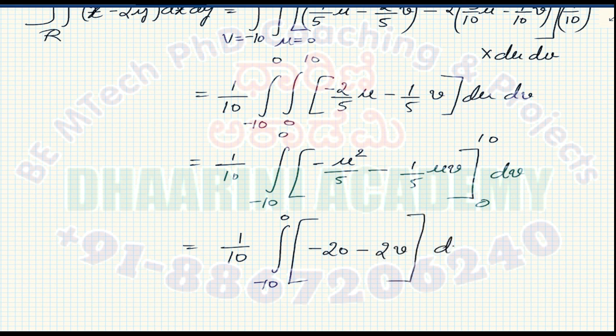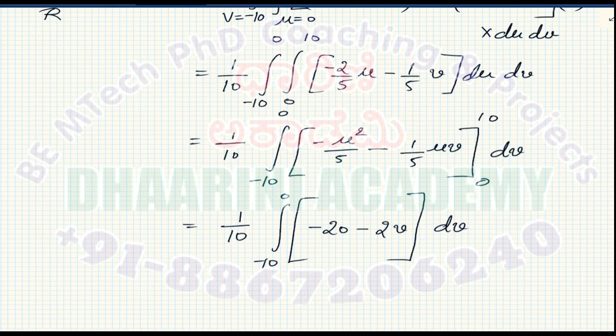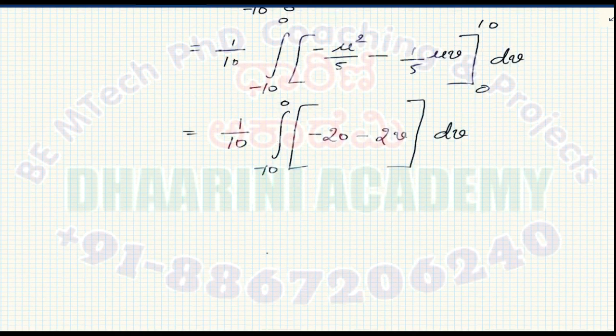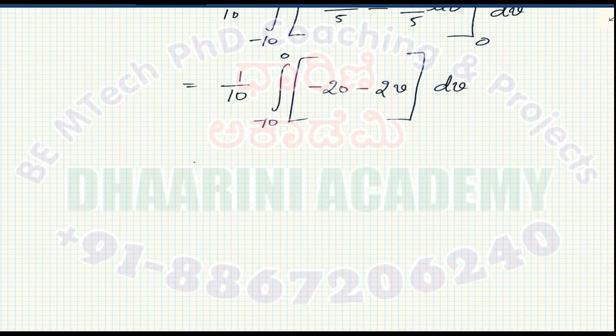You simply integrate with respect to v. So this is equal to 1 by 10. Integration of minus 20 is minus 20v. Minus 2v integrates to v square by 2, so 2 cancels, it's just minus v square. Limits minus 10 to 0.